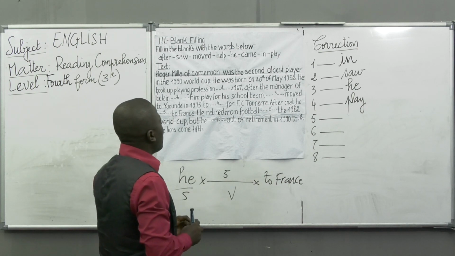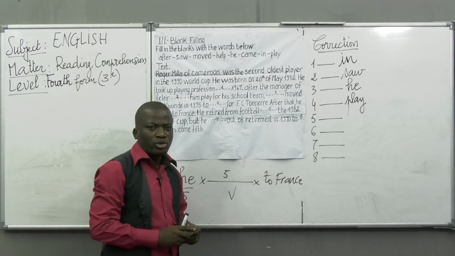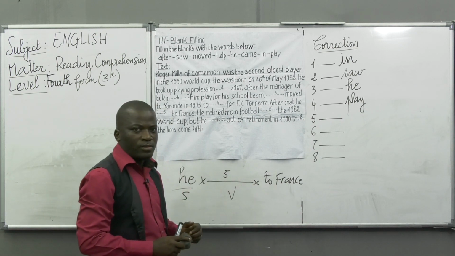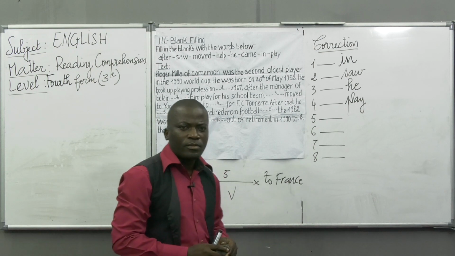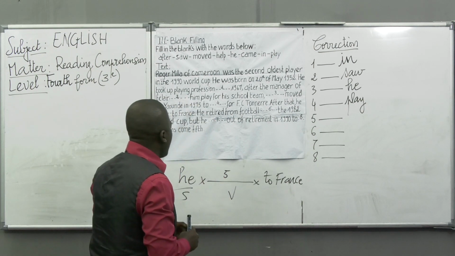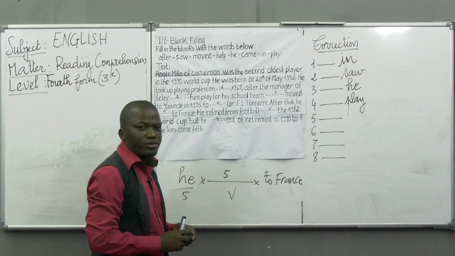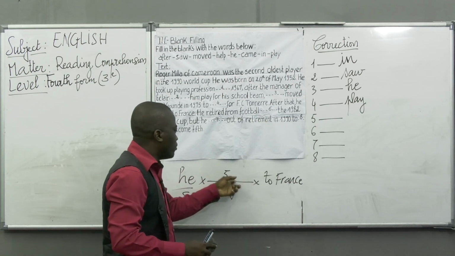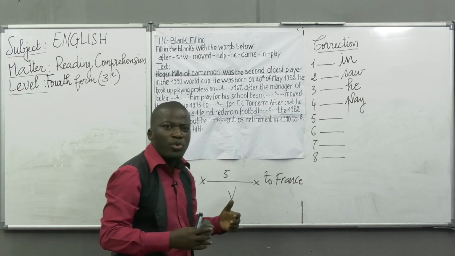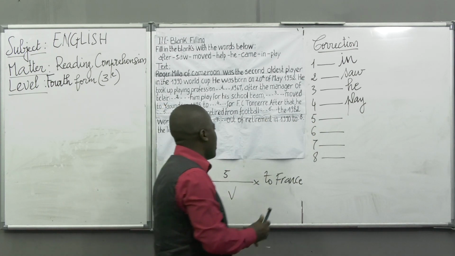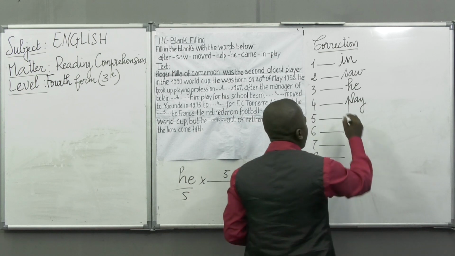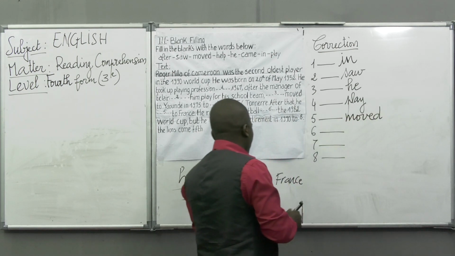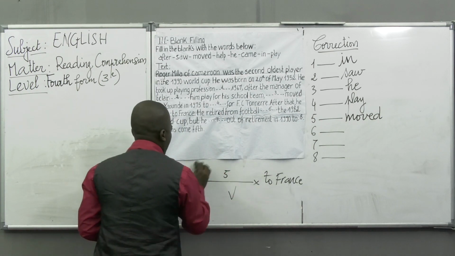Now, he blank to France. Good. The only verb that we're going to take is moved. Moved means to go. So, he moved, as we said, he went to France. Then, 5, the answer is moved. Good. Gap 6.